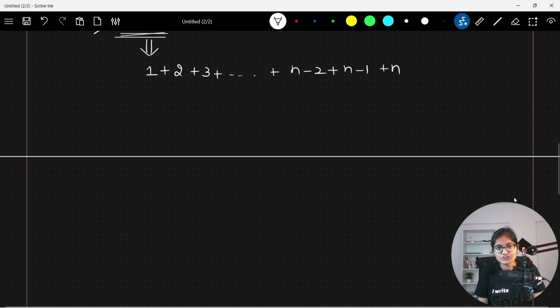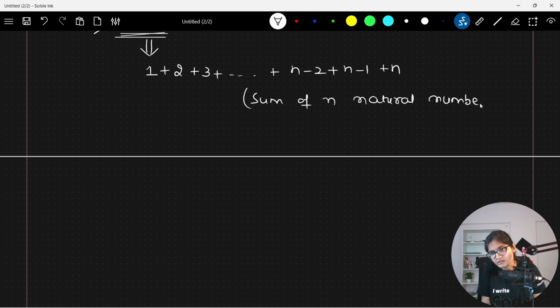I hope everyone agrees with me that this is a sum of n natural numbers. What are natural numbers? The numbers starting from 1 to infinity. So this is a sum of n natural numbers.